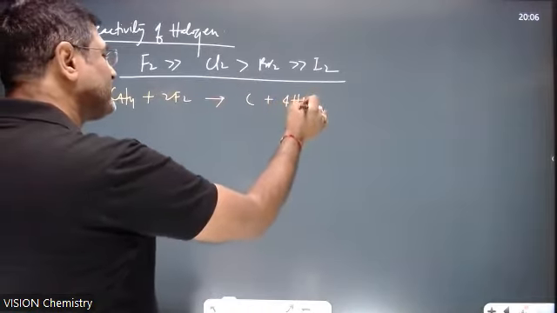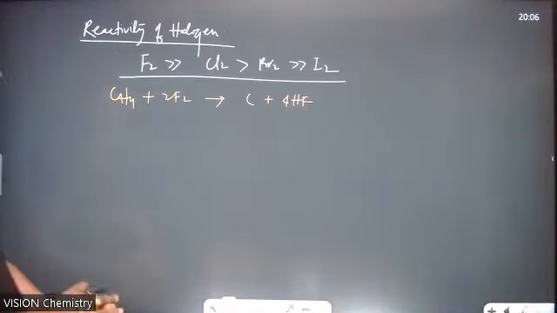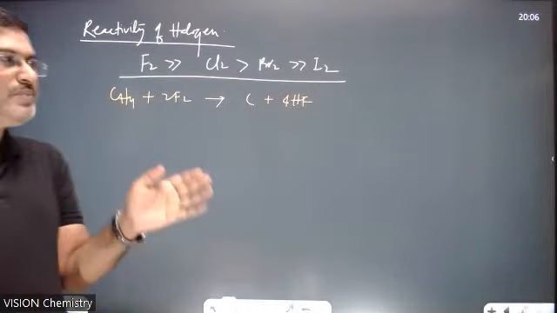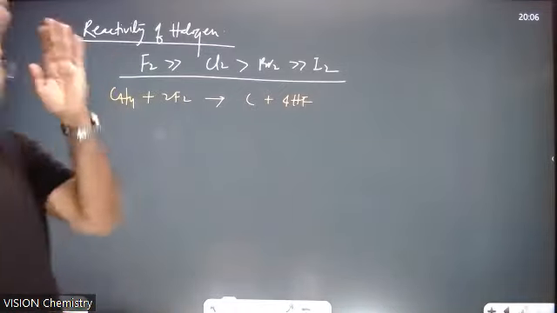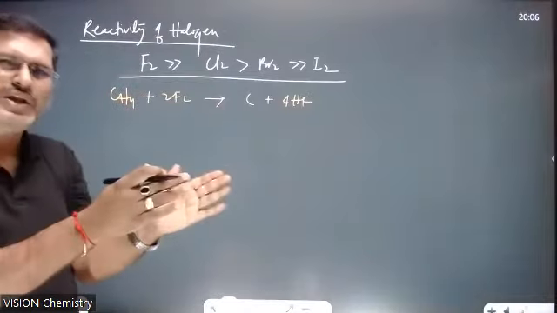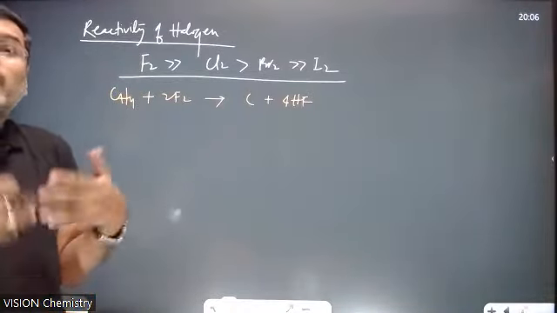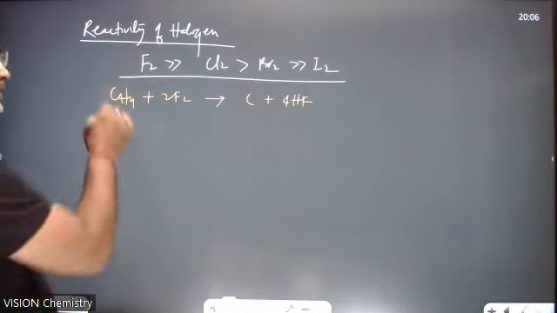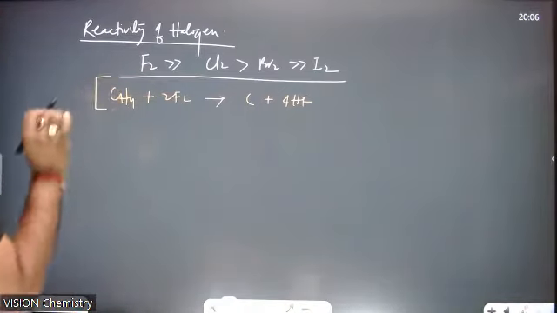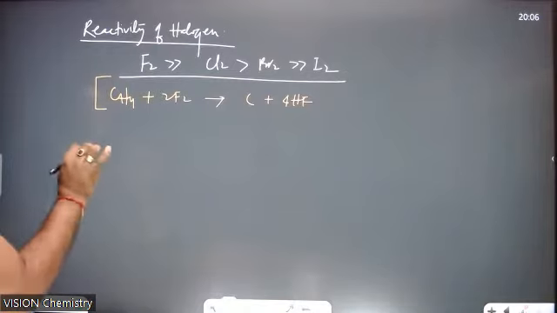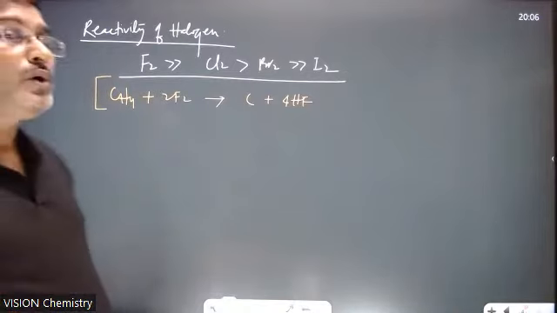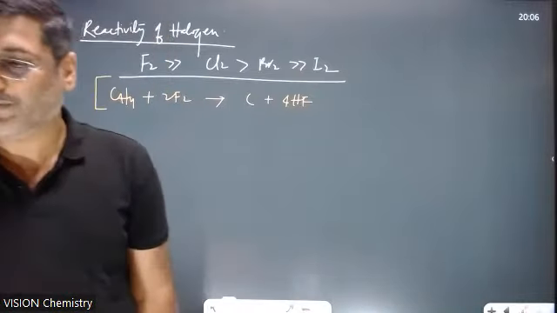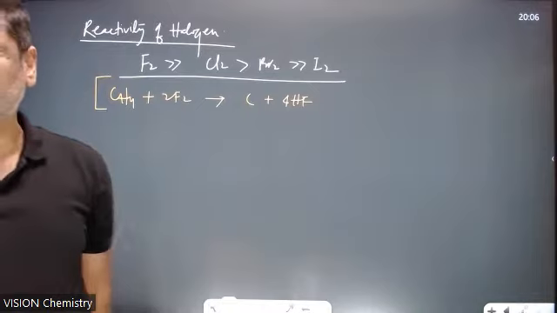Yes, it gives like this. It's not simply happening, but actually it is cleaving, breaking all the bonds, completely oxidized. It's vigorous, it's explosive, and that's why we don't perform fluorination reaction of alkanes.